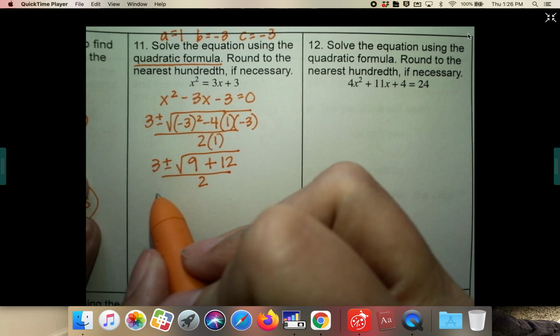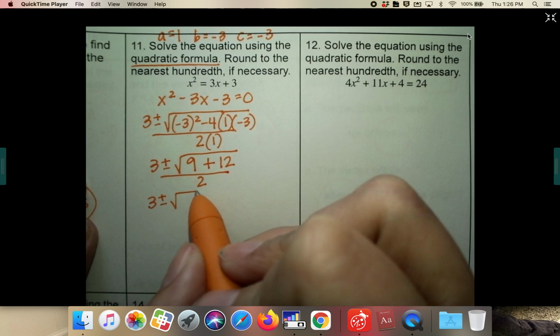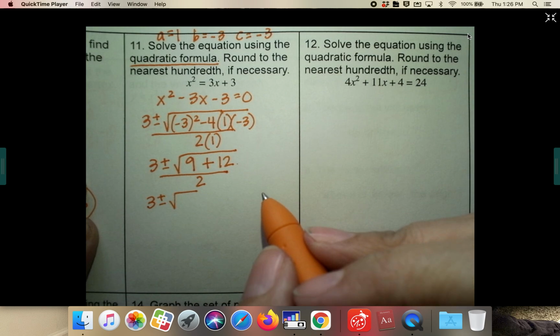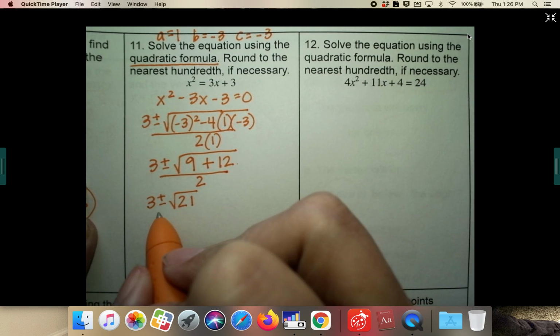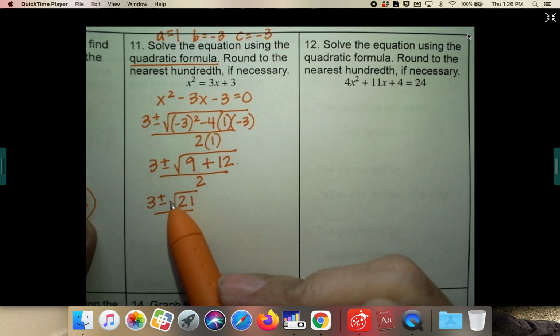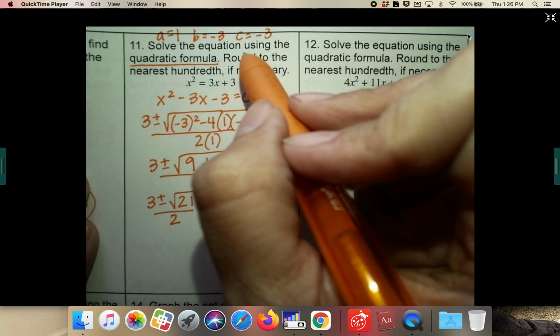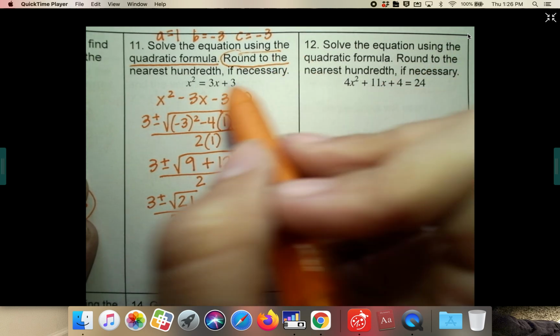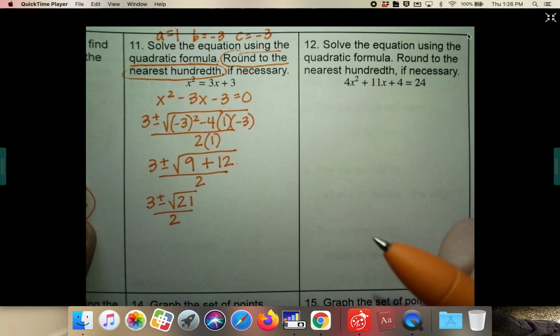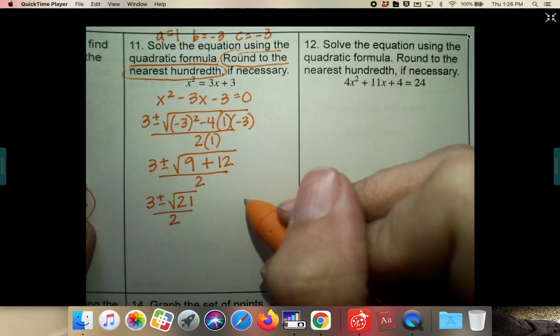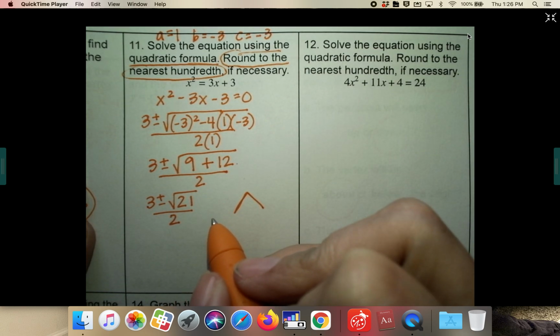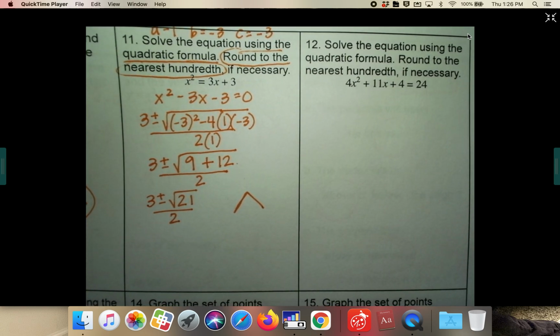Okay, so then you have 3 plus or minus the square root of 9 plus 12 is 21 divided by 2. I know that there's no perfect square root of 21, so this is going to be weird decimals. And for that reason, it says round to the nearest hundredth. Let me find out what the square root of 21 is first.